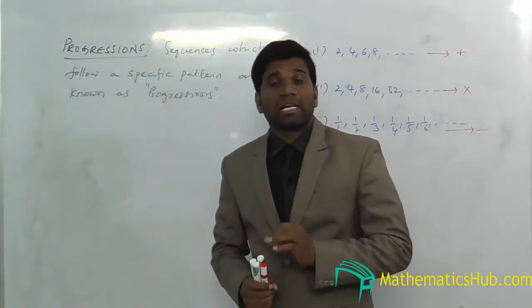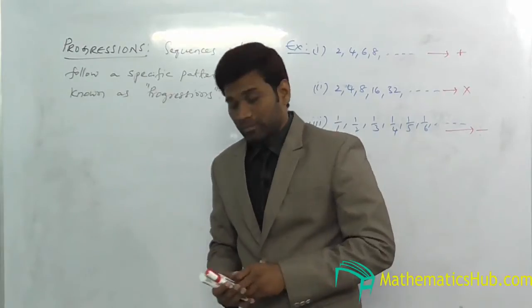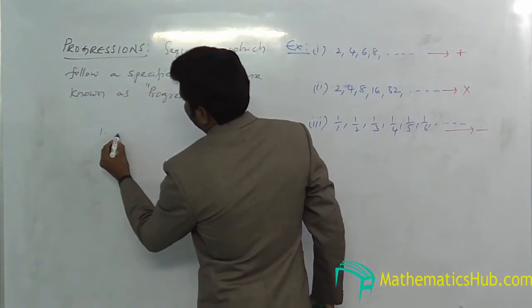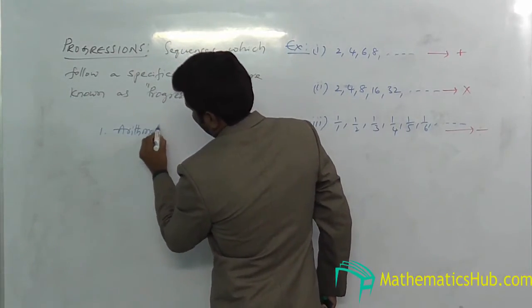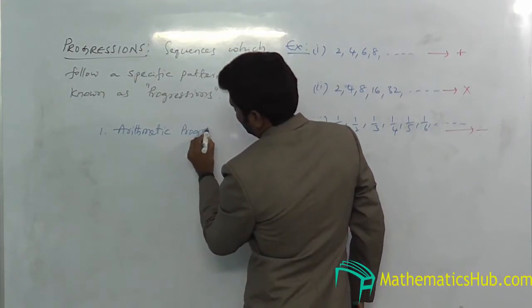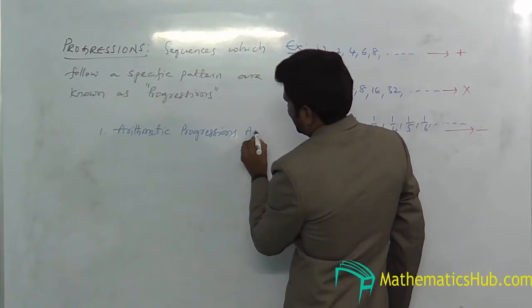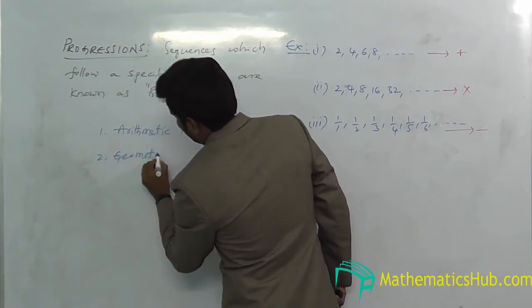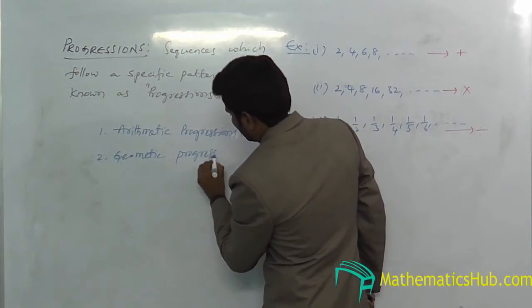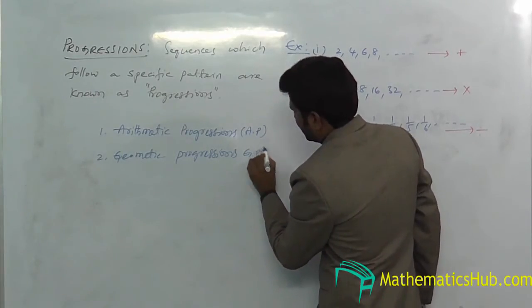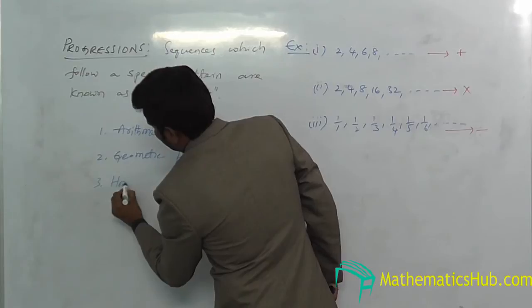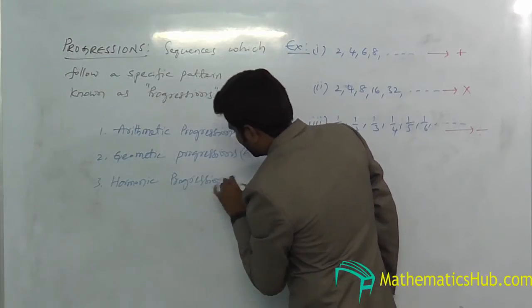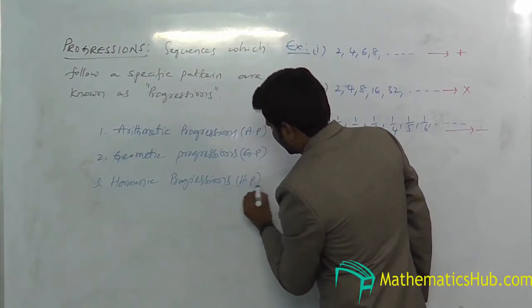They are: first one, arithmetic progression, in short AP; geometric progression, in short we can call GP; and the third one, harmonic progression, in short we can call HP.